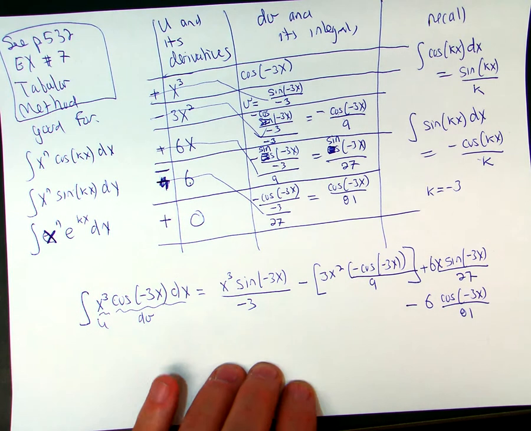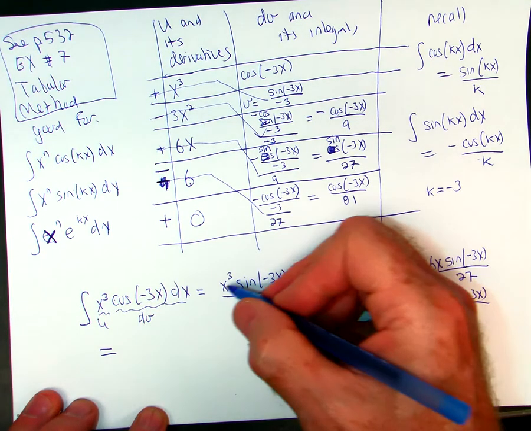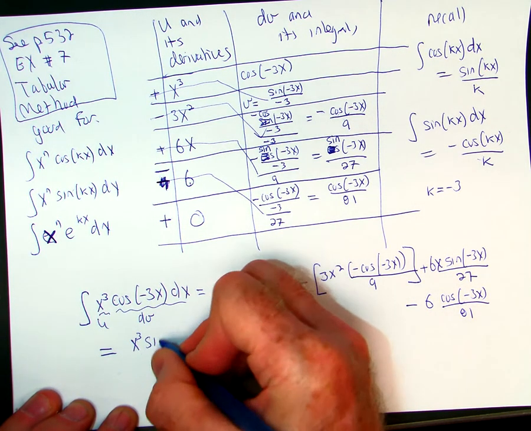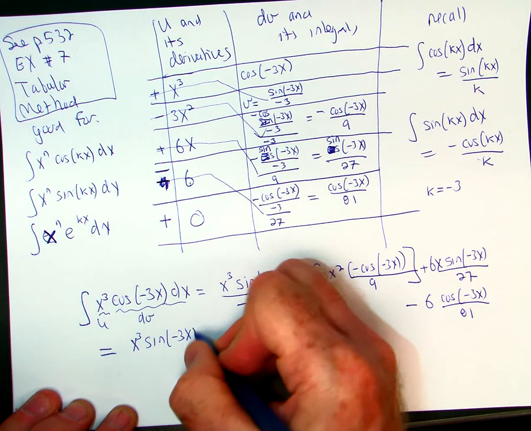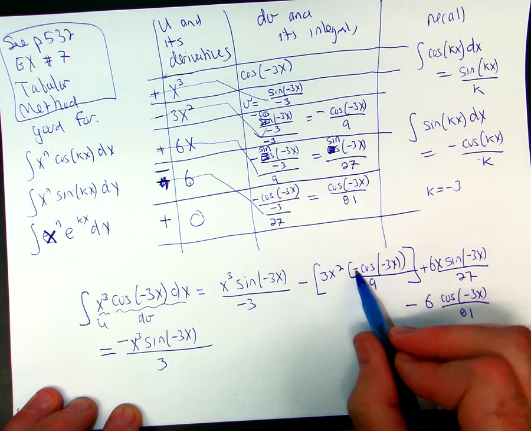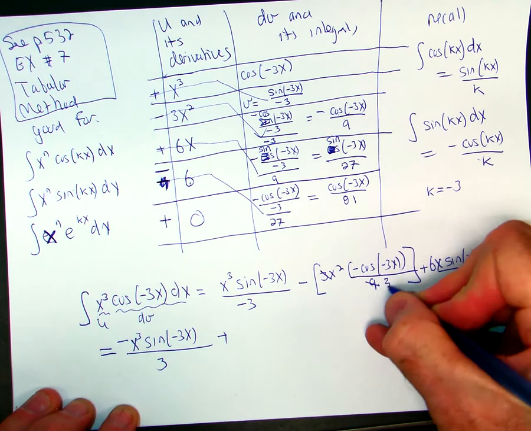Okay, so now what I need to do is simplify things. So this is going to be x cubed sine minus 3x over 3 with the minus sign in front. Now here I have 2 minus signs. That's going to give me a plus. That 3 is going to cancel with this, leaving a 3.